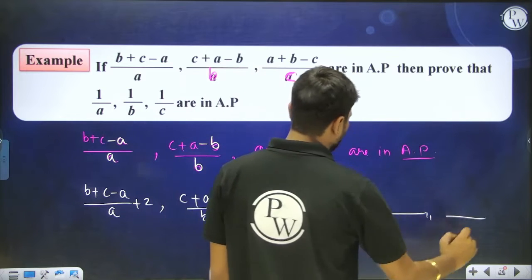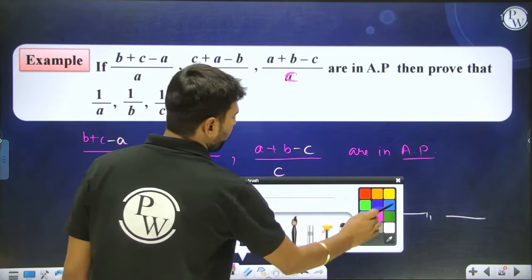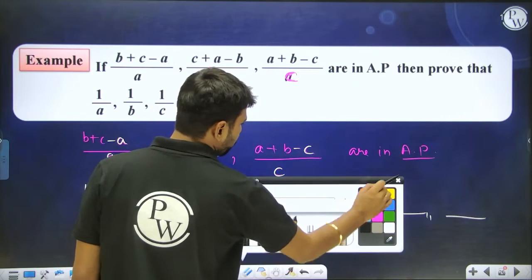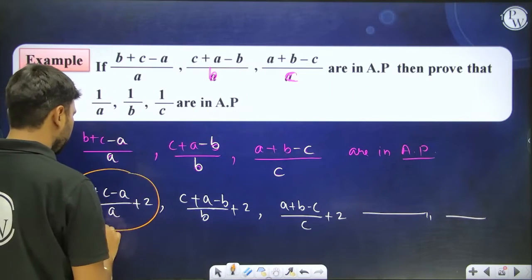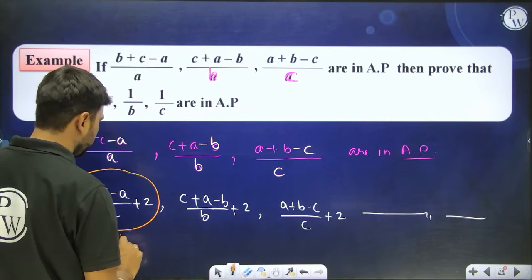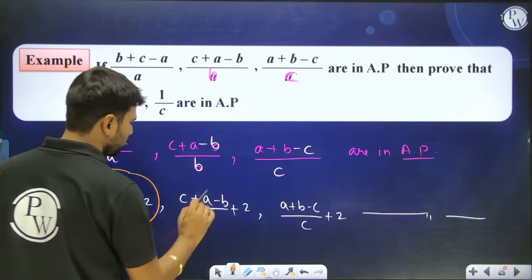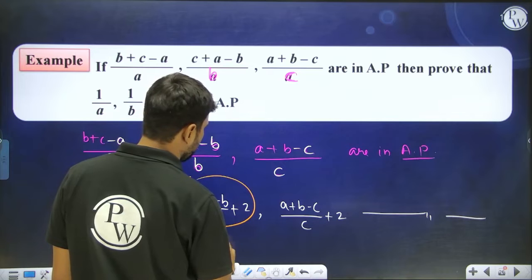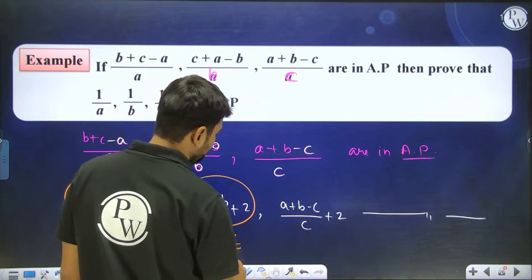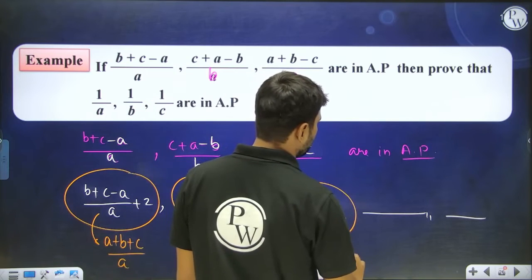Yes sir, this is still going to remain an AP only. The moment you do that, you will get to know something good is happening, because this expression is going to be A plus B plus C by A. This is going to become A plus B plus C by B, and this is going to become A plus B plus C by C.